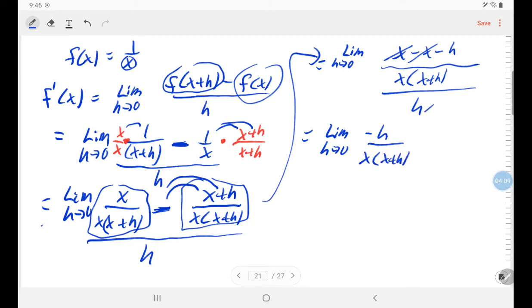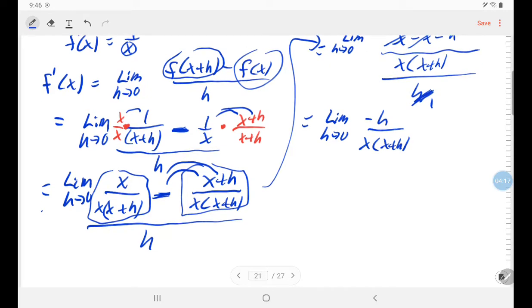Now I'm going to cheat a little bit here. Technically, when you divide by h, you're dividing by h over 1. And since I am dividing by h over 1, I know that's the same as multiplying by 1 over h, which will reduce quite nicely in our derivative formula, leaving me with a negative and a 1.